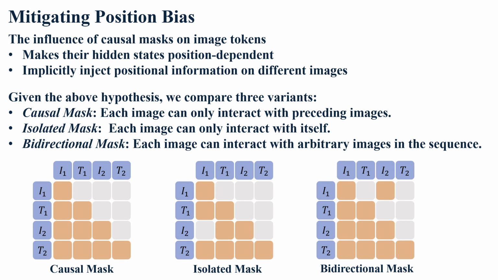Given this hypothesis, we compare the causal mask with 2 other variants. One is the isolated mask, where each image can only interact with itself, and another is the bidirectional mask, where each image can arbitrarily attend to any other images, which is typical bidirectional attention.